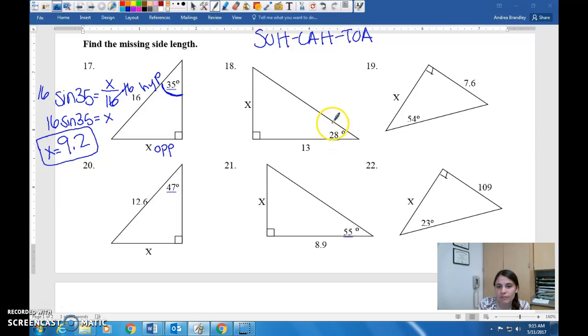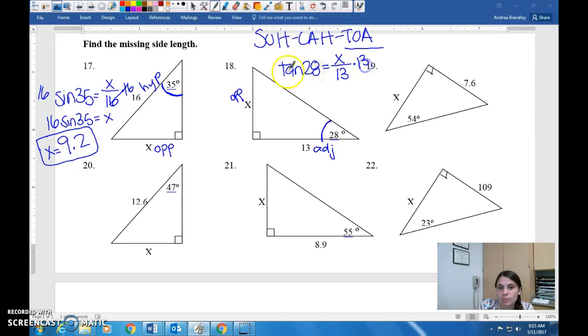So here I have this angle. I'm looking at my x and my 13, and x is opposite my 28-degree angle. 13 is adjacent. So the only one that has opposite and adjacent is tangent. So I have the tangent of 28 is equal to opposite, which is x, over adjacent, which is 13.